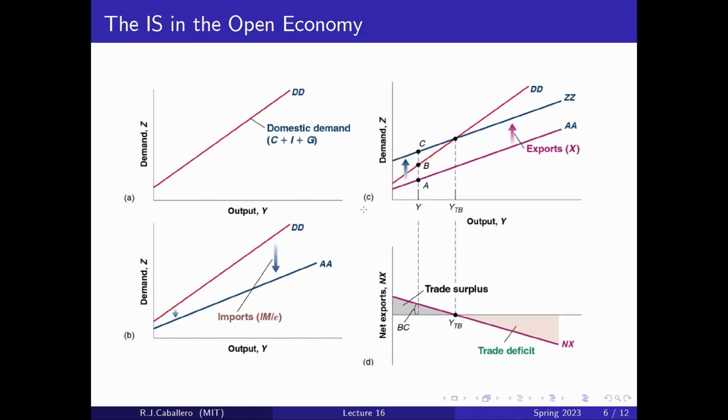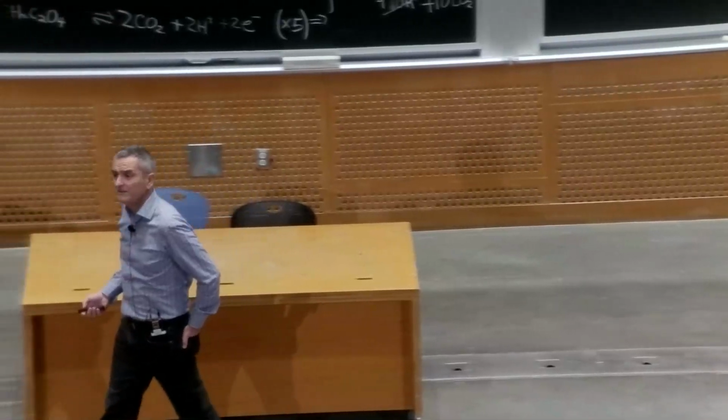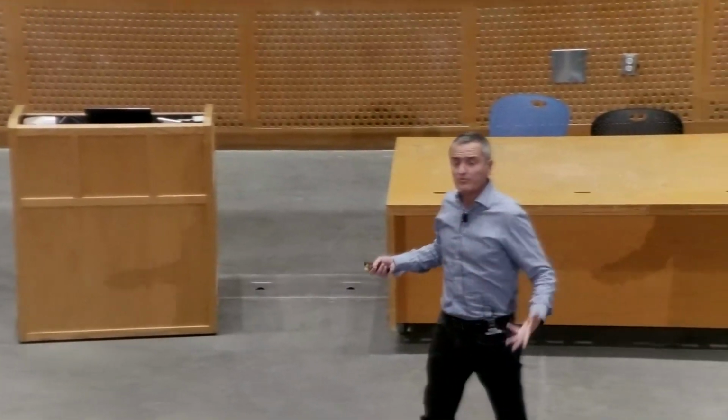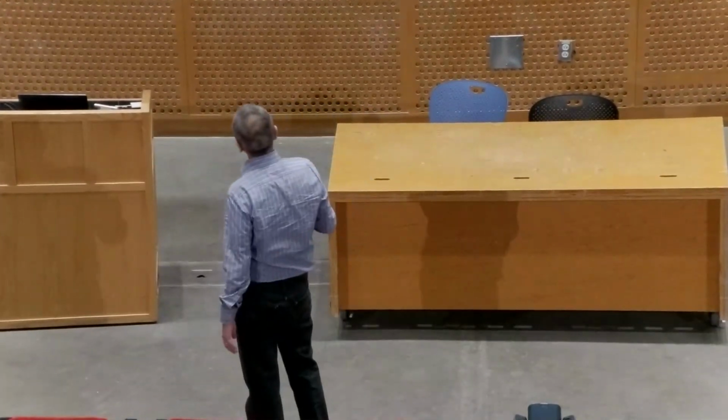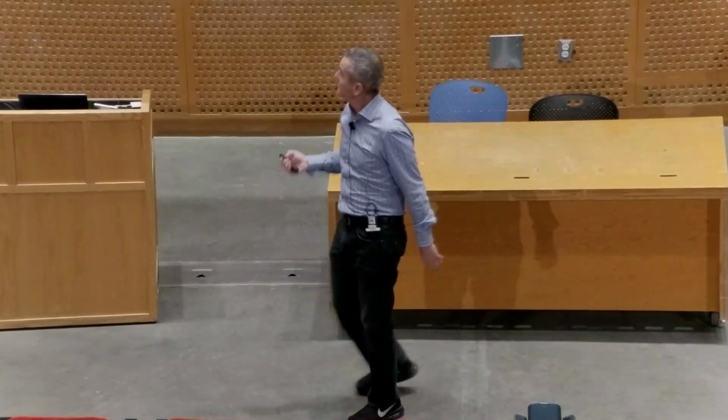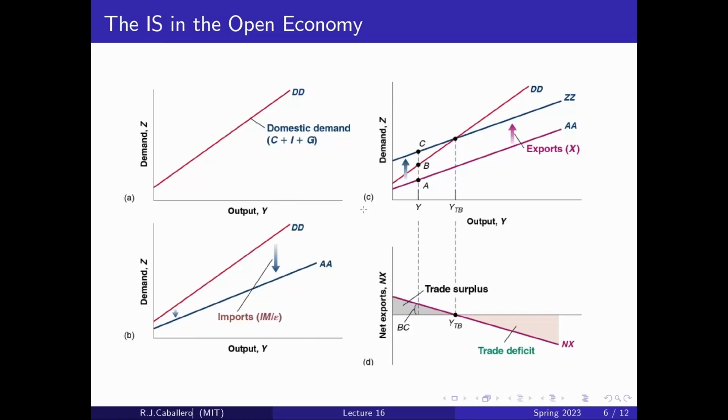Why is that? It's because there's a positive marginal propensity to import, and so you'll import more if output is higher. That's the reason we have this curve. Let me get to the end of these diagrams, and then I'll get back to this.